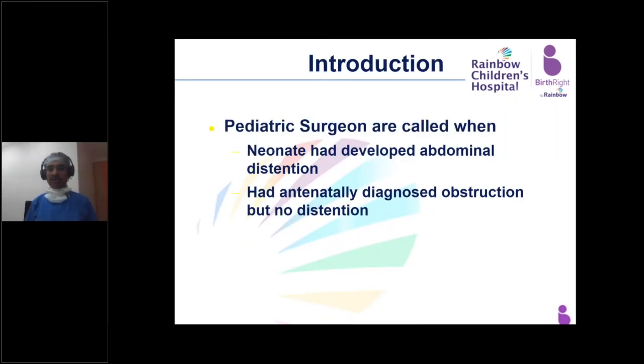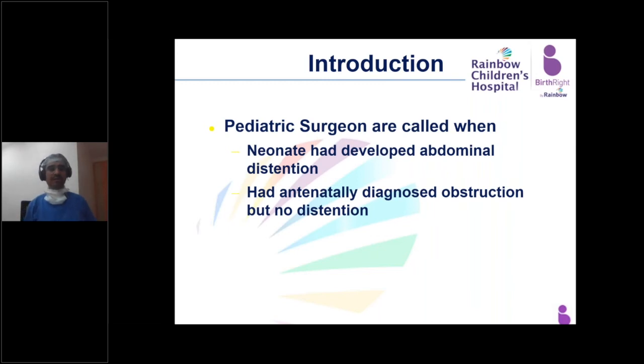We are almost always called whenever either the child has developed abdominal distension or the child has some antenatal diagnosis, either atresia, or even nowadays, with the improvement of radiology and antenatal scans, more and more distension of intestine and dilated loops are being picked up by the radiologist. So we are called that although the child has been born, there is no distended loop. So what to do in these clinical scenarios?